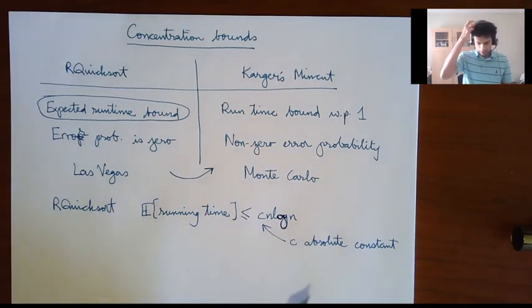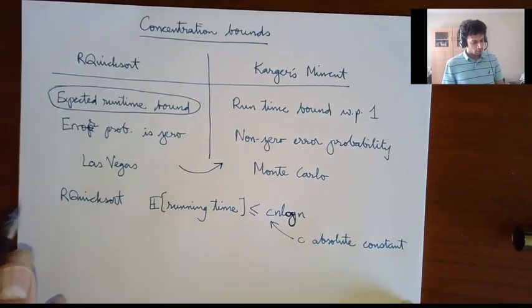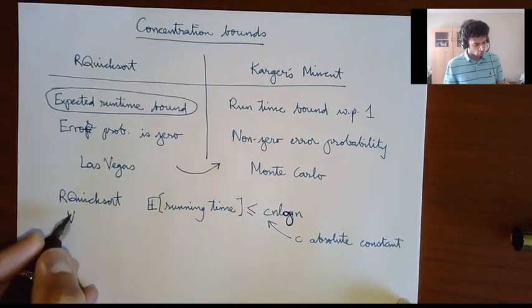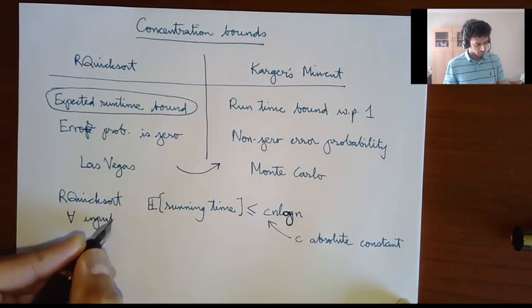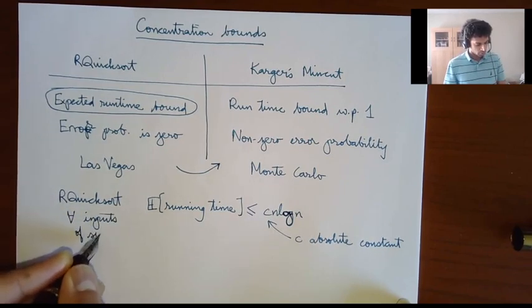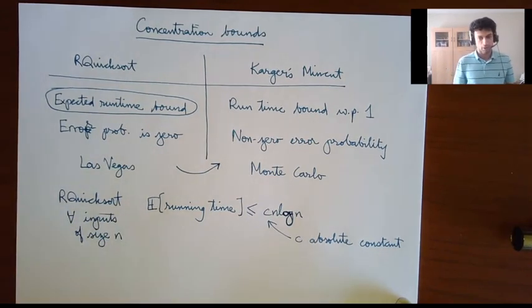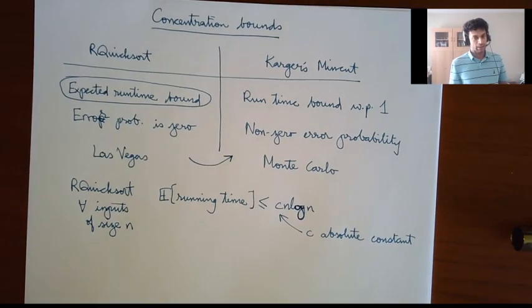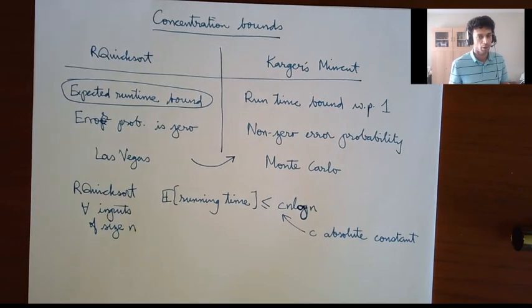So for all inputs of size n, the expected running time of randomized quicksort is at most Cn lg n. But can you get some kind of high probability statement?